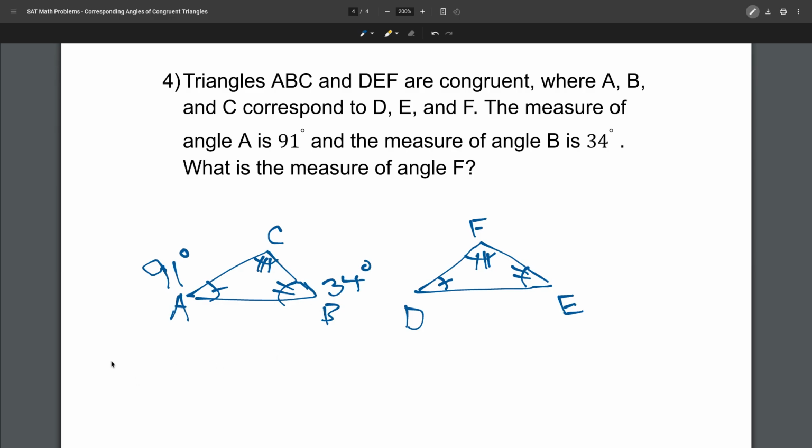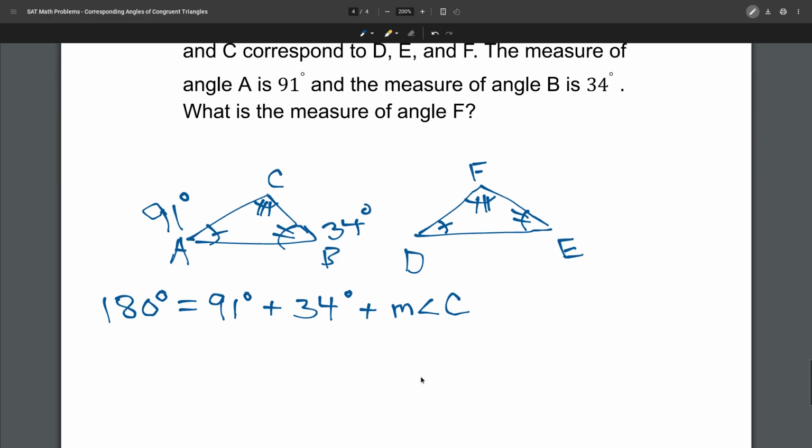So we have to figure out C. So we're going to say 180 degrees, which is the sum of interior angles in a triangle, equals the 91 degrees plus the 34 degrees plus the measure of angle C. 91 plus 34 is going to be 125. 180 degrees equals 125 plus the measure of angle C.